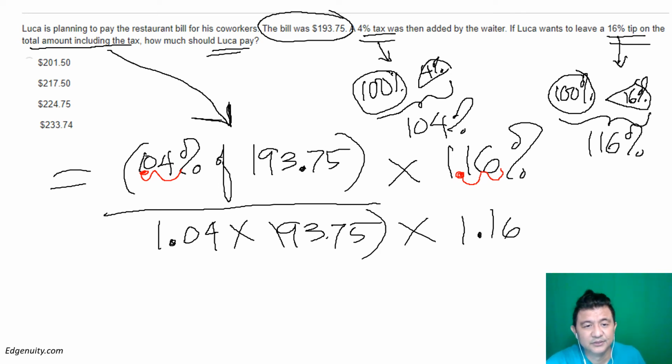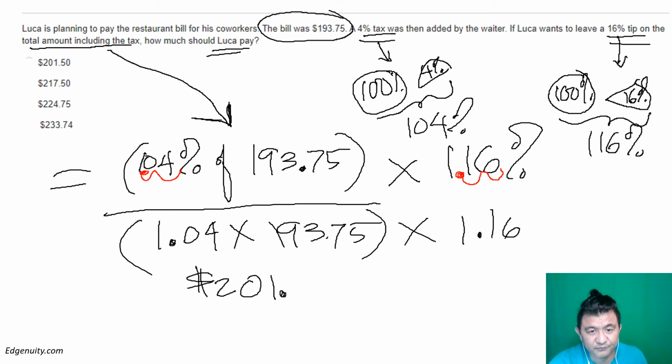Then I'll multiply again by 1.16. All right? So let's multiply this first. If you multiply 1.04 times 193.75, you will get a value, of course, higher than 193, 201.50. Check it out in the calculator. That's the meal plus the tax. Next, we'll pay the tip.